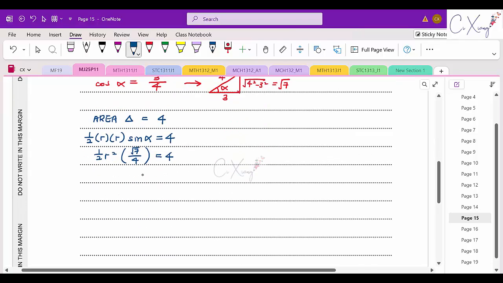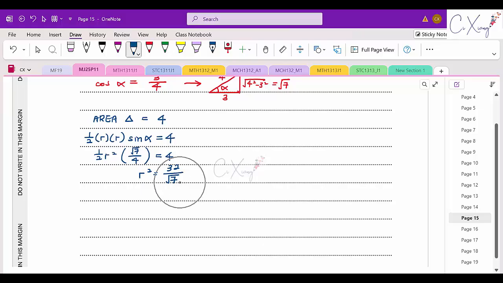By right, you'll have r squared equal to 32 over square root of 7. If you want to get the value for r, you have to take the square root again. But I don't want to continue and get the value. I will just keep it like this first, because this is not my final answer yet, right?